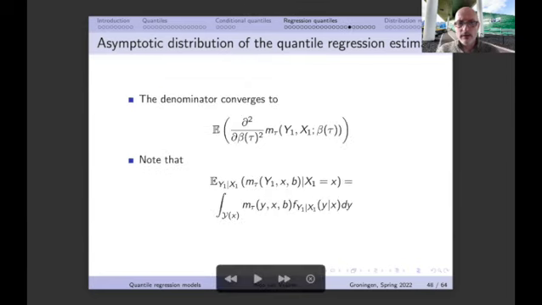We should realize that the denominator we have just looked at is going to converge to this term that we have over here. However, also here the question arises, what is this term? In order to know that a little bit better, we have here the mean of the second order derivative of this m function.